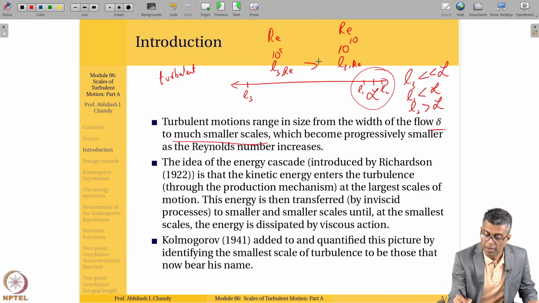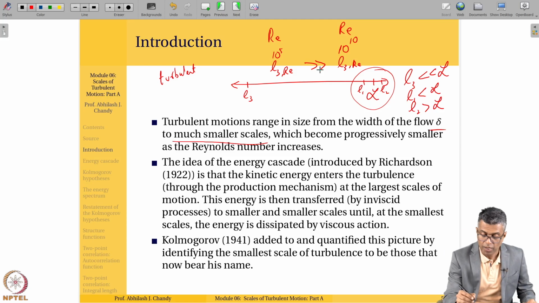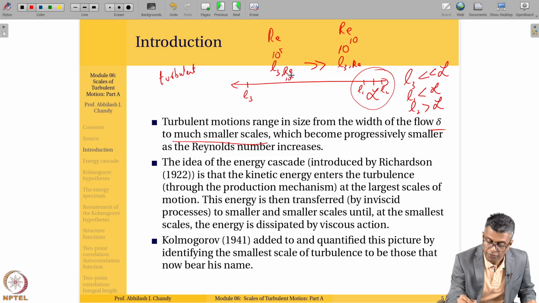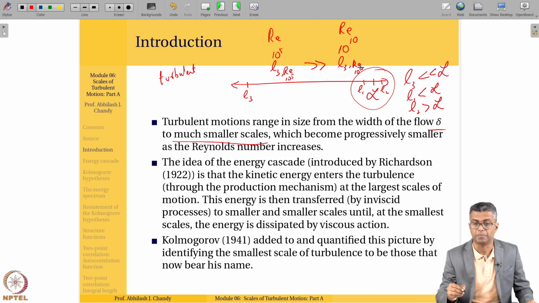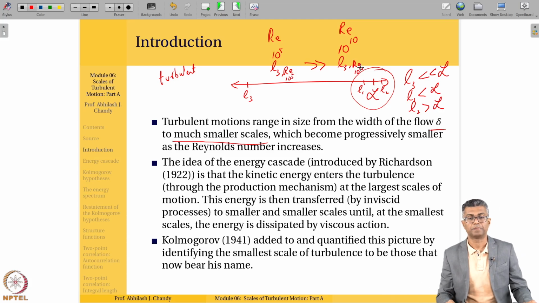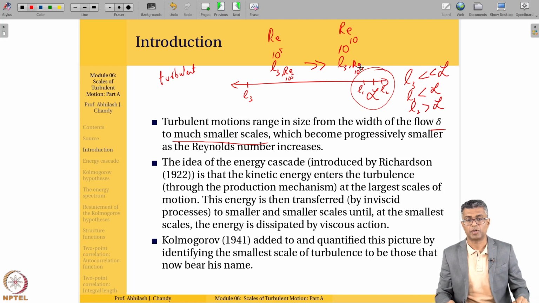So it is much smaller than the L3 for 10 to the 5 Reynolds number. That is what I'm talking about. So the smallest length scale at Re of 10 to the 5 is much larger than that at Re of 10 to the 10. That is what this sentence means. The smaller length scales become progressively smaller as the Reynolds number increases.